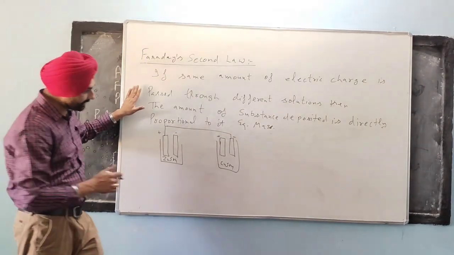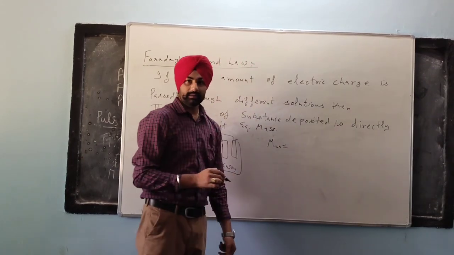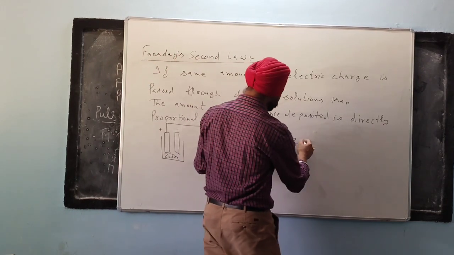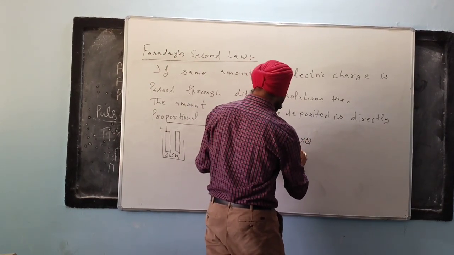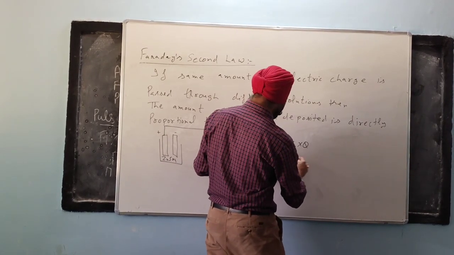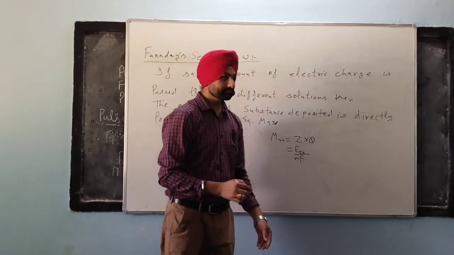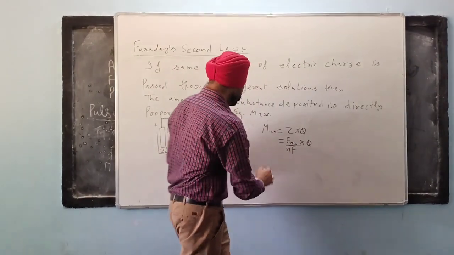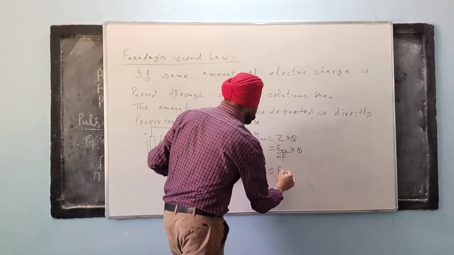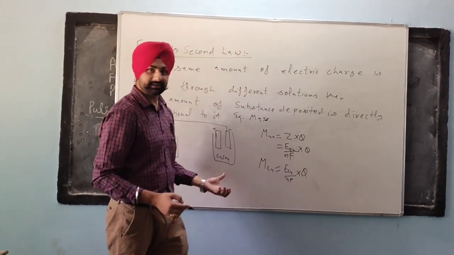So from here we can say the mass of zinc is equal to equivalent mass Z into Q, or we can say equivalent mass of zinc divided by F, NF into Q. Okay, mass of copper is equal to equivalent mass of copper divided by NF into Q, applying the Faraday's first law.